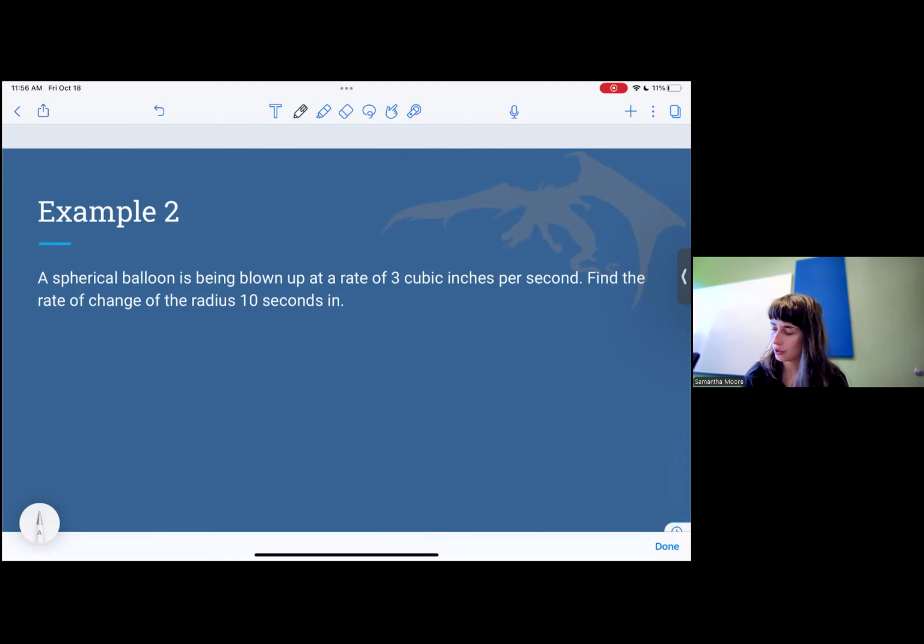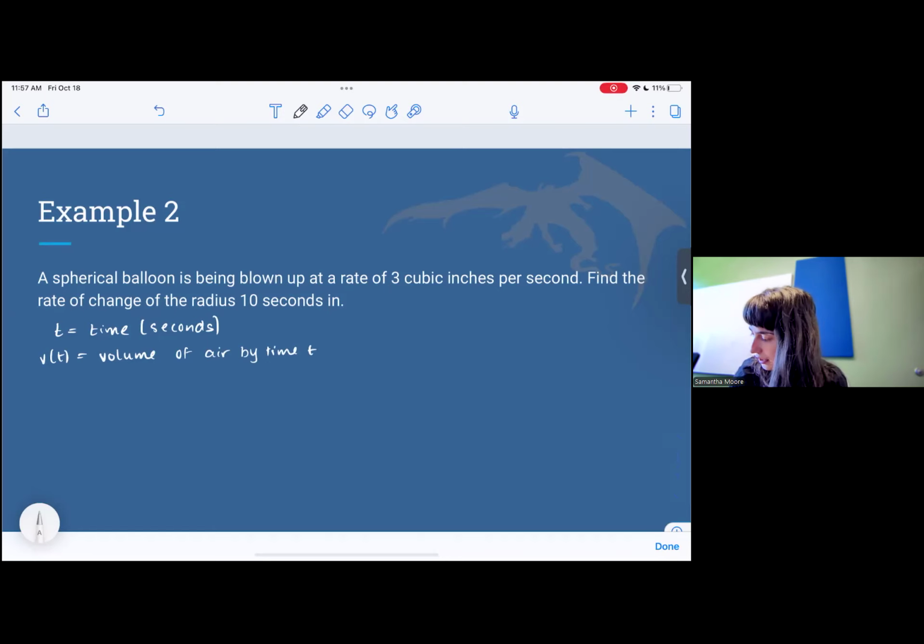Okay, so again, thinking about the relevant things that are going to go on. Our independent variable is going to be time measured in seconds. We can talk about the volume of the sphere, or the volume of the air, really, that has been put into our balloon by time t.